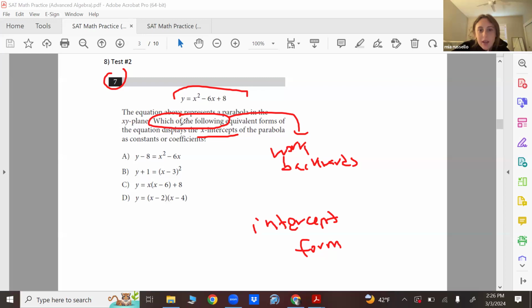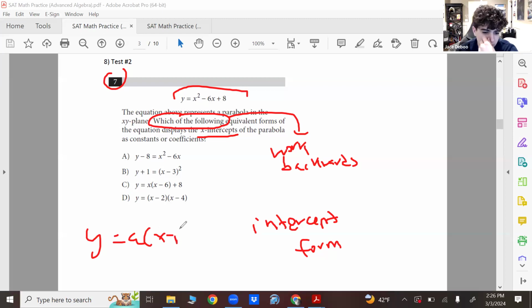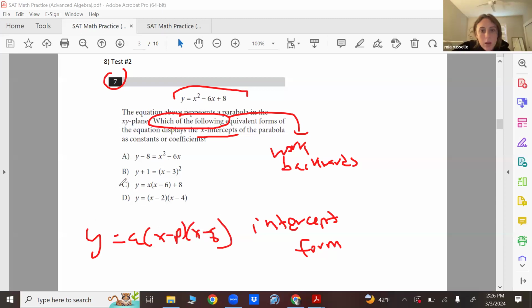I think B. But that's not intercept form though. That's vertex form. Would intercept form be C? No, that's not intercept form either. Intercept form's this, guys. Oh, it's factored. Oh, C is not factored. It's gotta be fully factored like that. Okay, then it would be D because that's the only one, right?